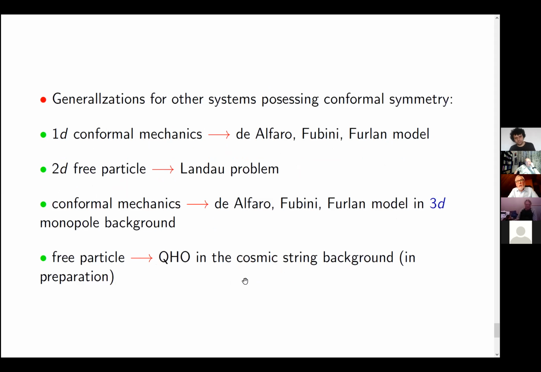In conclusion, I will mention possible generalizations of the discussed conformal bridge transformation. The same construction can be applied to relate some asymptotically free system characterized by conformal symmetry to the related harmonically trapped system, which includes a quadratic potential term. It is important that the initial system and the transformed system are both characterized by the presence of conformal symmetry.